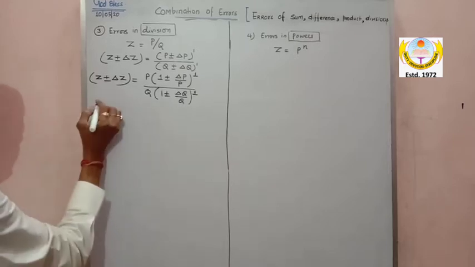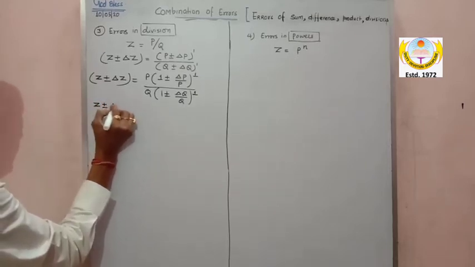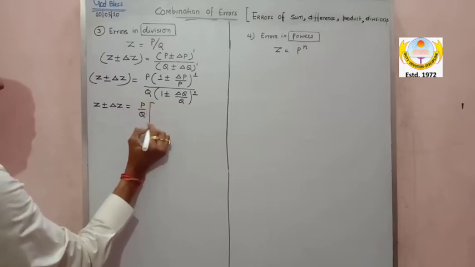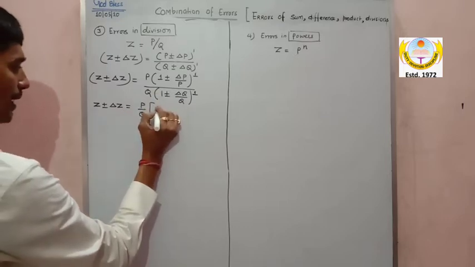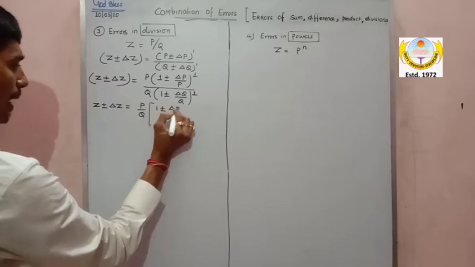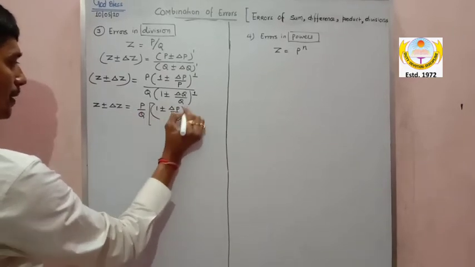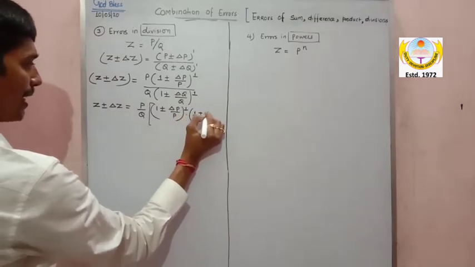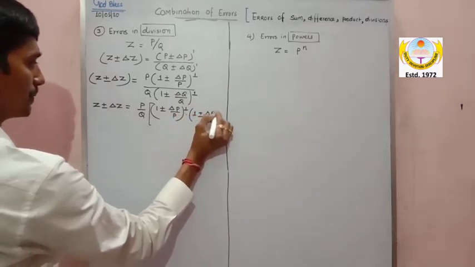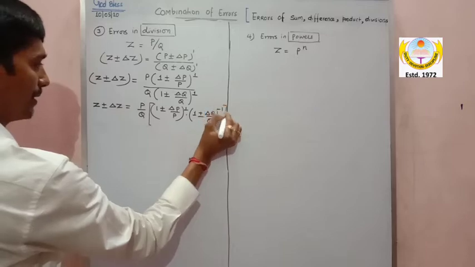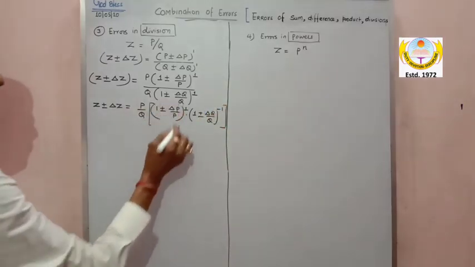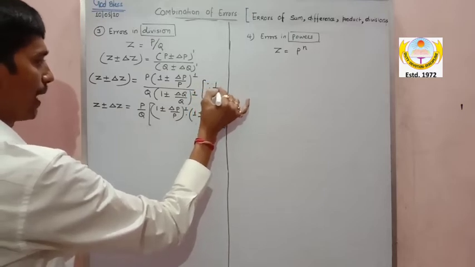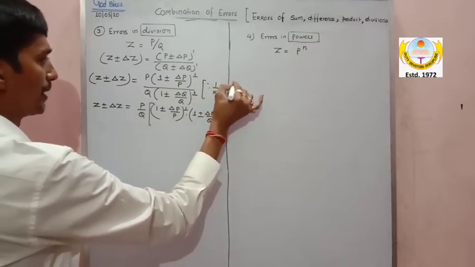So now, the next step: z plus minus delta z is equal to p by q, and this is written as 1 plus minus delta p by p whole power 1, into 1 plus minus delta q by q whole power minus 1, because you all know that 1 upon x square is equal to x power minus 2.